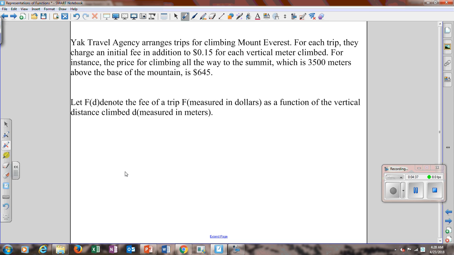They're pretty ugly. Alright, for each trip, they charge an initial fee in addition to 15 cents. But do we know what the initial fee is? Again, we don't know what that is.